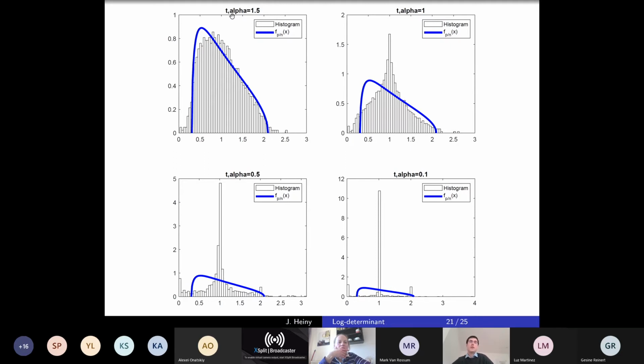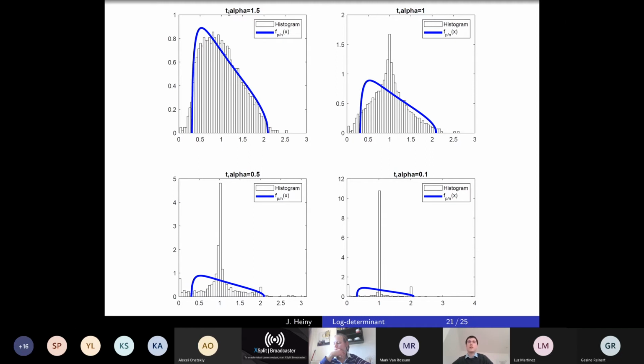And the noise is simulated from a t-distribution with alpha degrees of freedom. And so I plot the histogram of the eigenvalues of the sample correlation matrix. And then I compare with the blue line here, which is the Marchenko-Pastur density with parameter p over n. The blue function here is the same in all 4 plots that you see.